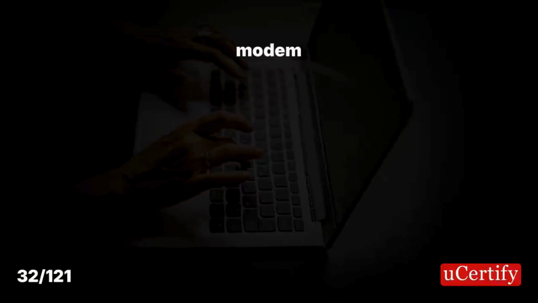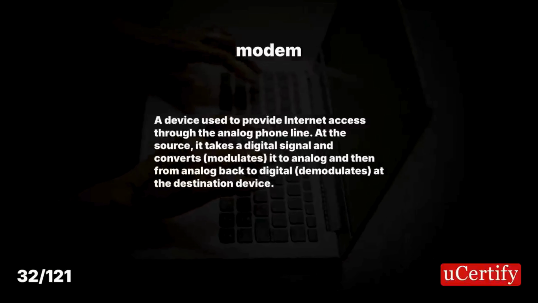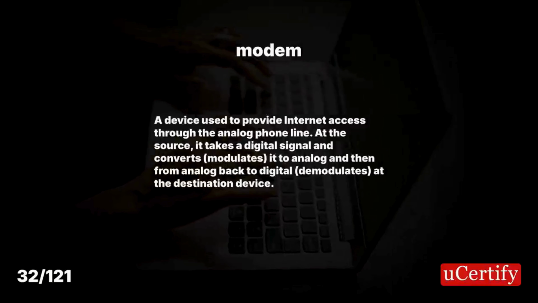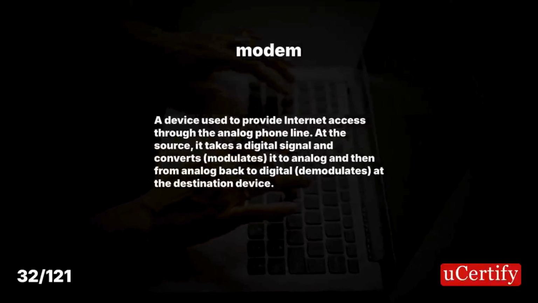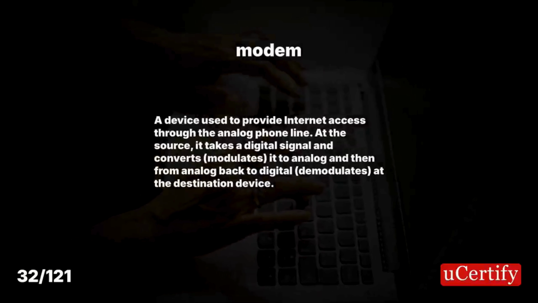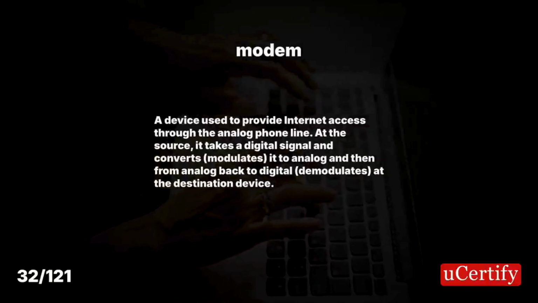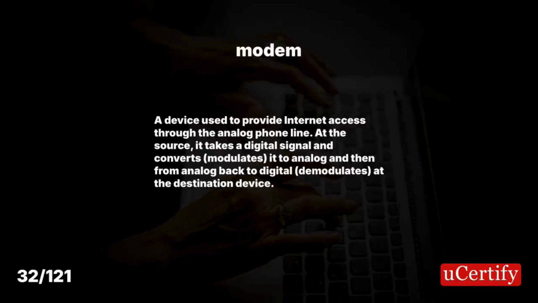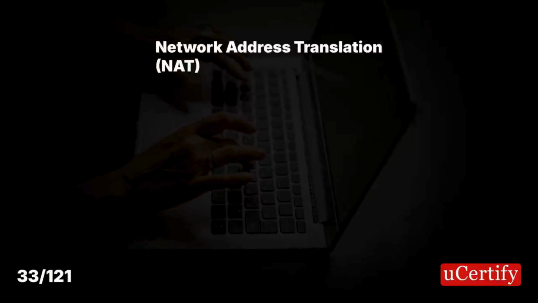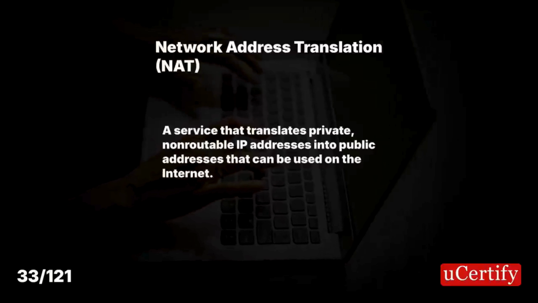Term: modem. Definition: a device used to provide internet access through the analog phone line. At the source, it takes a digital signal and converts, modulates, to analog, and then from analog back to digital, demodulates, at the destination device. Term: network address translation, NAT.